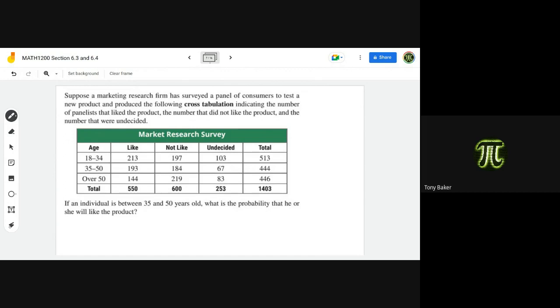Good. It'd be 213 out of the total, the 1403. So I would do the 213.